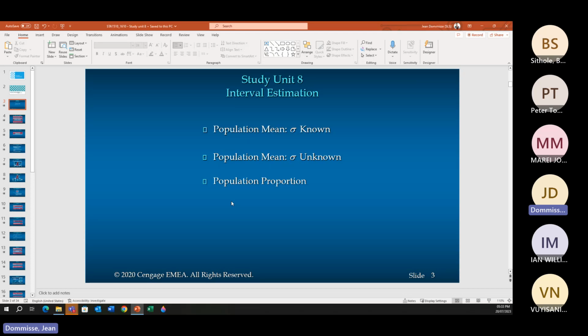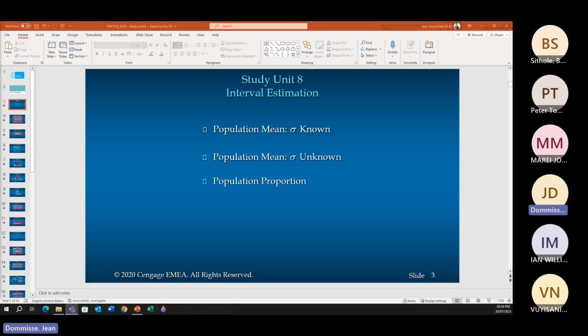They can tell you straight in a question that your population mean is unknown, or they would reference in the question that you're looking at the sample mean. But we'll get to that.